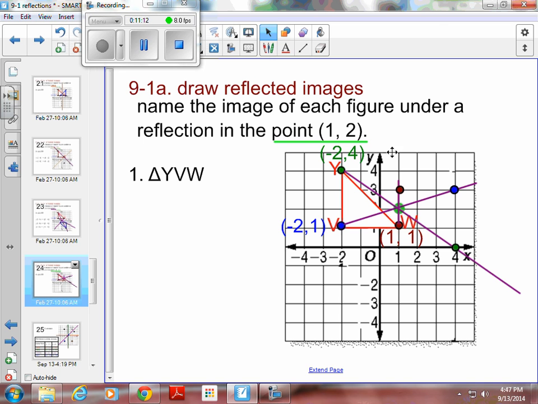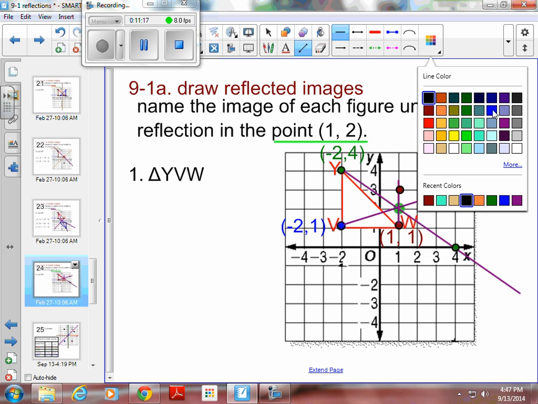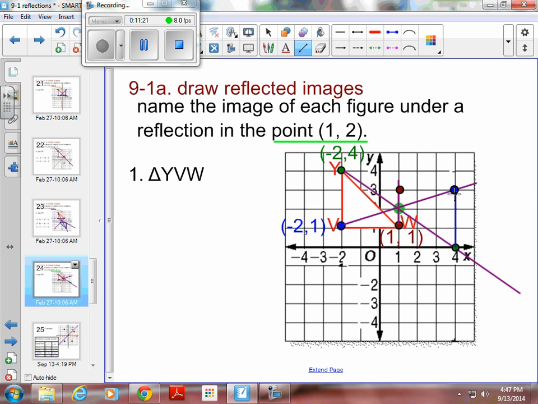Okay, and let's draw that triangle in. So my image went green and blue, and there's the reflection of the red one through the point 1, 2.